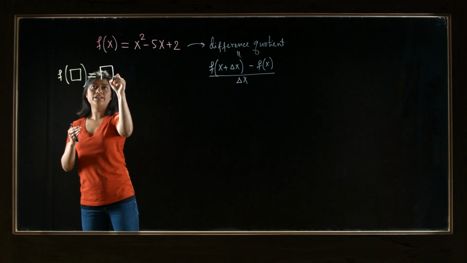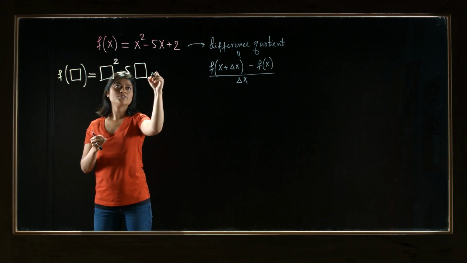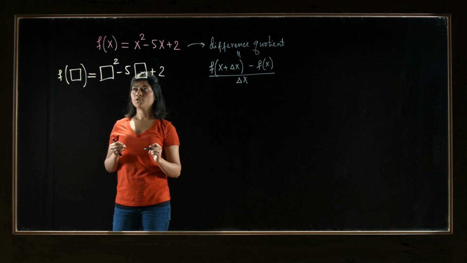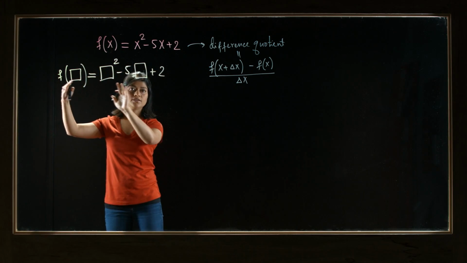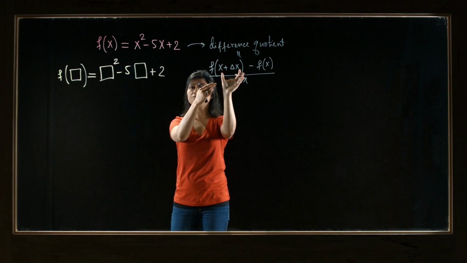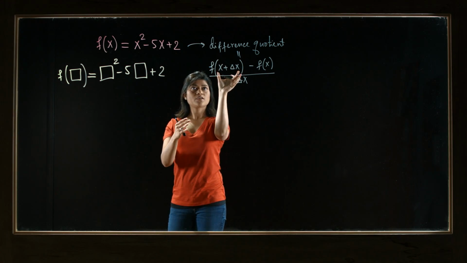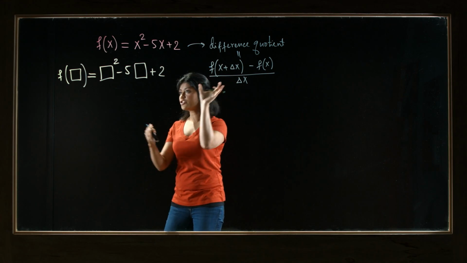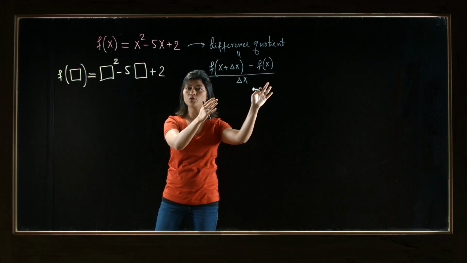Instead of x, you put an empty box squared minus 5 times an empty box plus 2. So, if you consider the whole function expression this way, it might not be too difficult to figure out what this expression will be. So, let us find this expression separately first, and then we will plug it in this difference quotient.